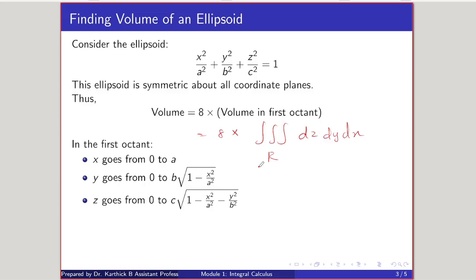Simply from this equation, z square by c square equals 1 minus x square by a square minus y square by b square, then it becomes z equals c times the square root of 1 minus x square by a square minus y square by b square. In the origin all the variables x, y, z start from the origin, so the lower limit will always be 0.